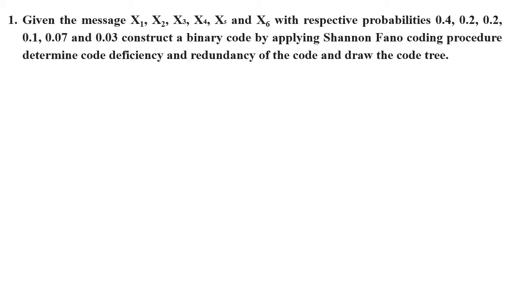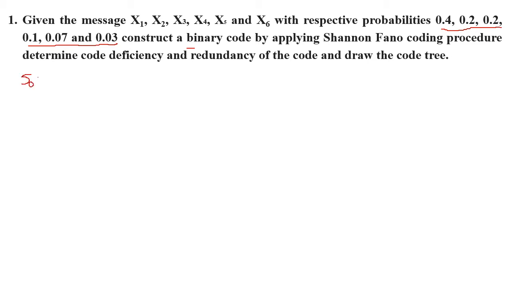Given the messages x1, x2, x3, x4, x5 and x6 with respective probabilities 0.4, 0.2, 0.2, 0.1, 0.07 and 0.03, construct the binary code by applying the Shannon-Fano coding procedure, determine the code efficiency and redundancy of the code, and draw the code tree.